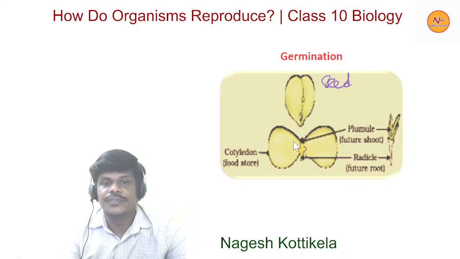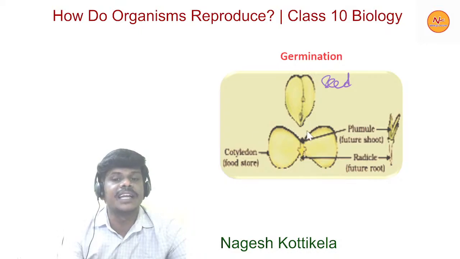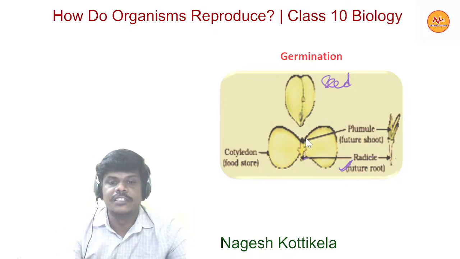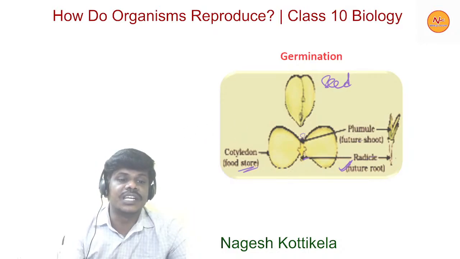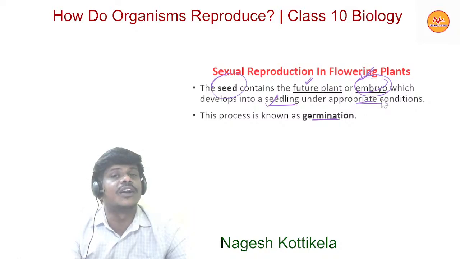Inside the seed we find the embryo, the future plant, and it has different parts: this is the radicle, the future root; this is the plumule, the future shoot; and these are the cotyledons, which store food material. It develops into a seedling under appropriate conditions, and that development of the seedling is the germination process.